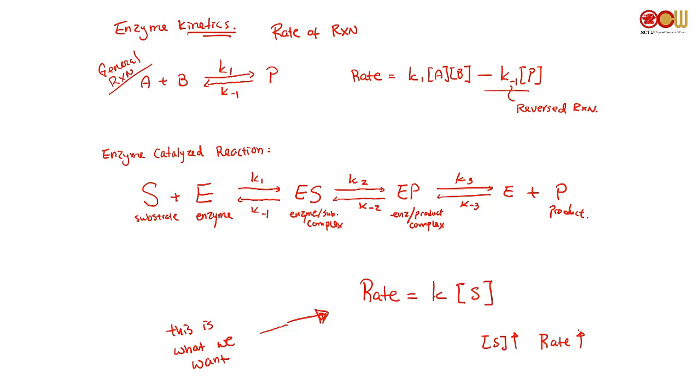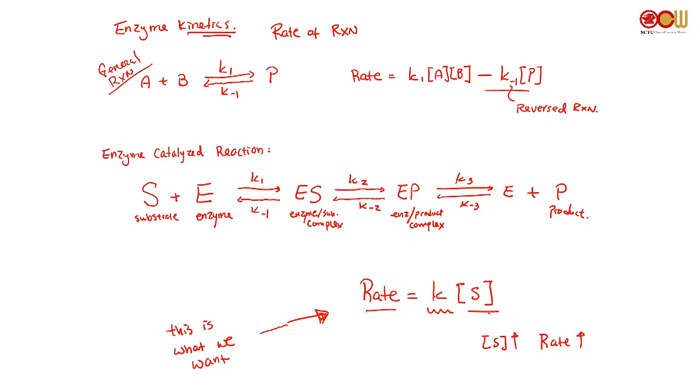And then somewhere in here we will also have the concentration of enzyme factored in. But right off the bat, I'm just going to tell you that at the end of the Michaelis-Menten equation derivation, we will have an equation that looks like rate equals some constant and then substrate.